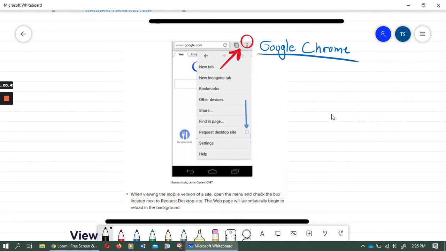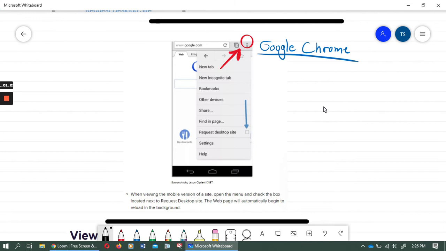But if you're using Google Chrome as your internet browser and you are doing Delta Math on your phone, you are going to want to tap on those three dots in that internet browser for the menu. I think the technical term for those three dots is a kebab.